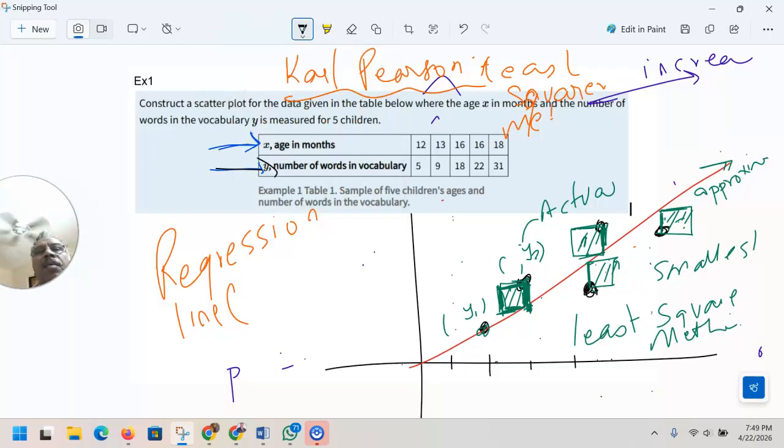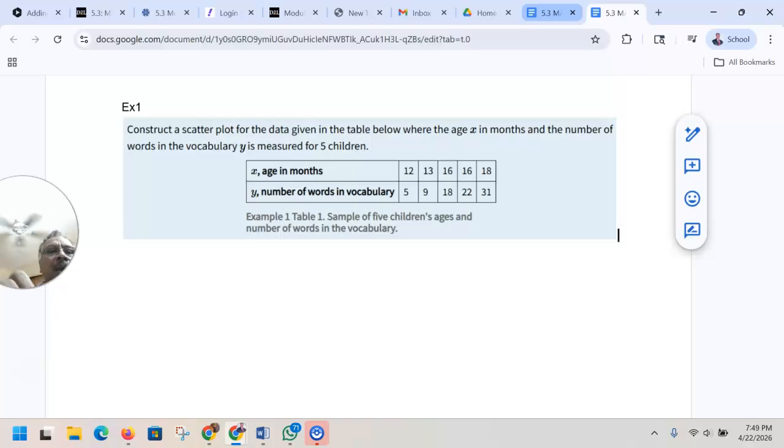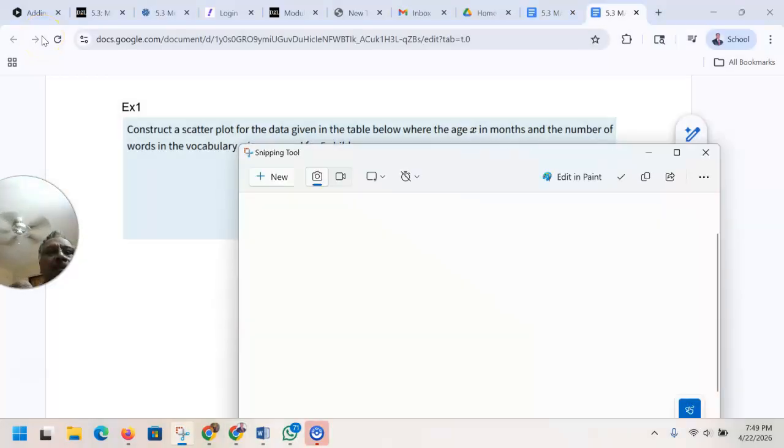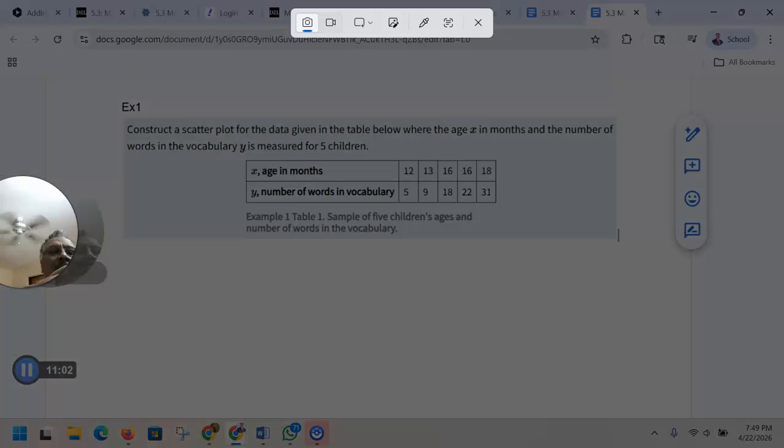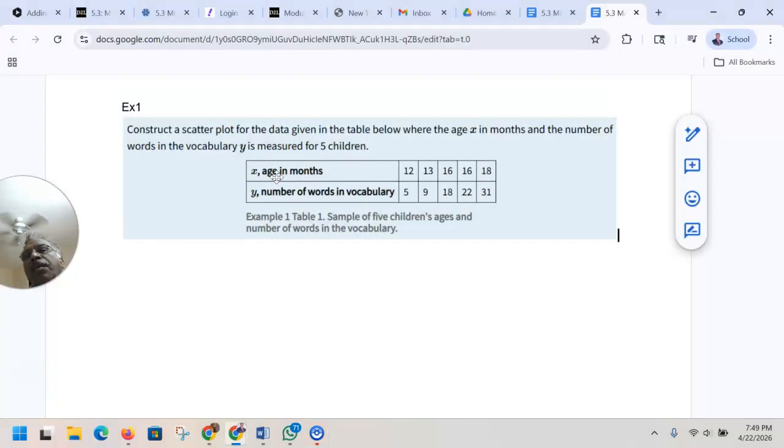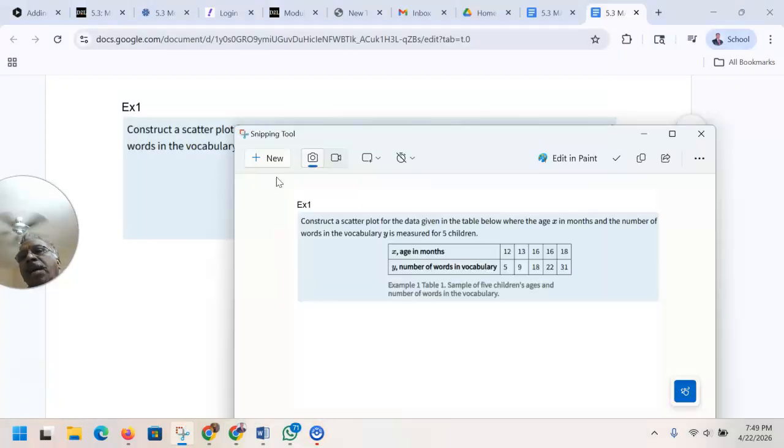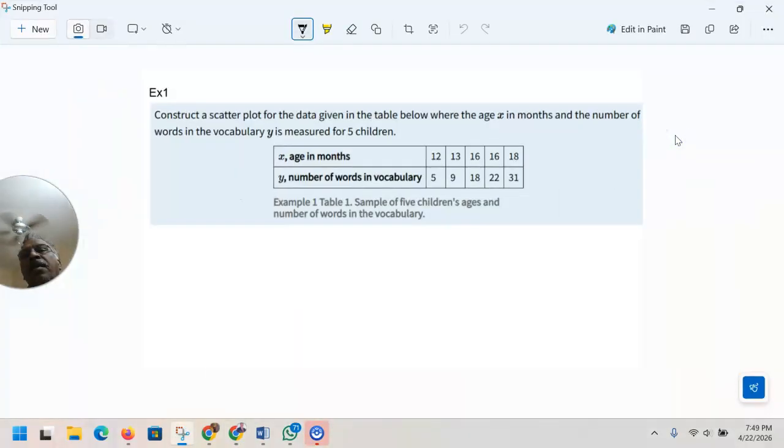So we have a formula. Let's go directly to this problem. What the calculator does is there is the meaning of correlation coefficient. So what is the correlation coefficient?